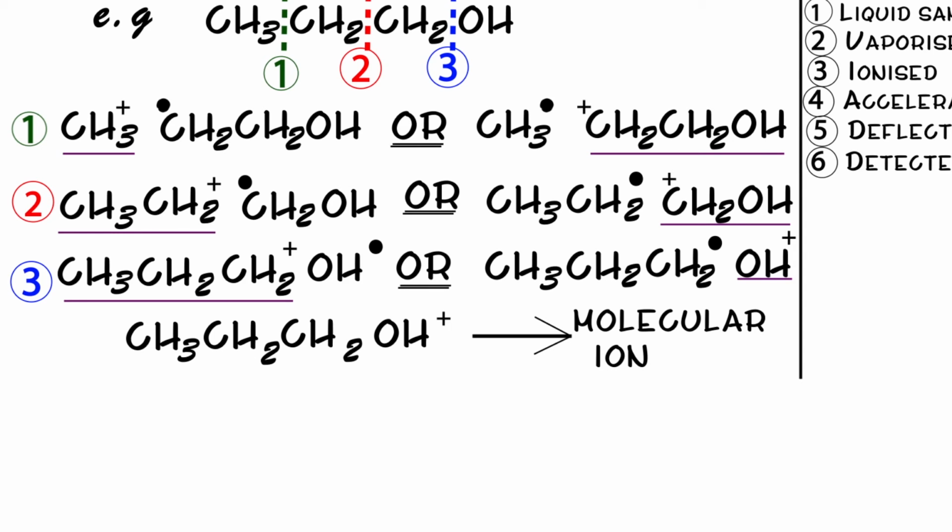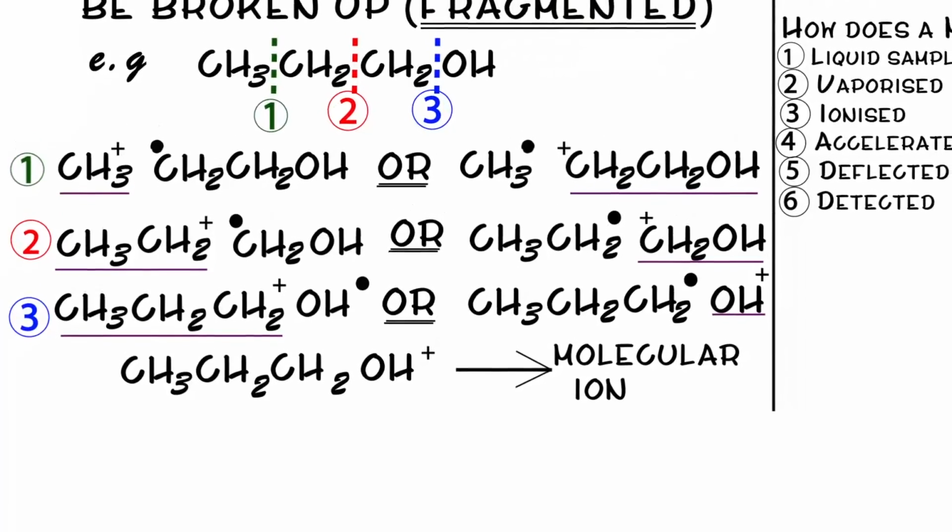So, for example, CH3 plus has a mass of 15. So you'll see a peak at m/z 15 because it has a CH3 charge. You would also see a peak at 17, and that would tell you have an OH plus charge as well. So you can see you've got all these different fragments here that would make up your spectra, plus any molecular ion that you might achieve as well.